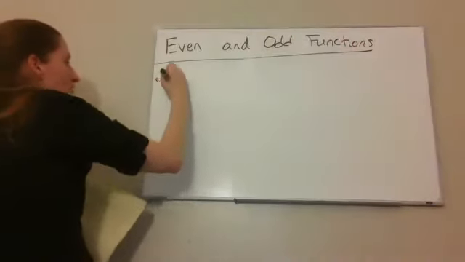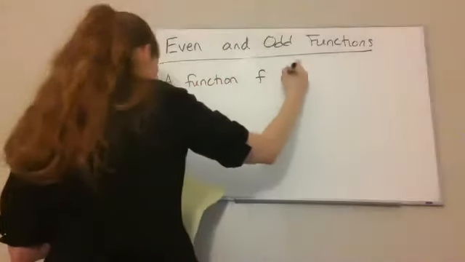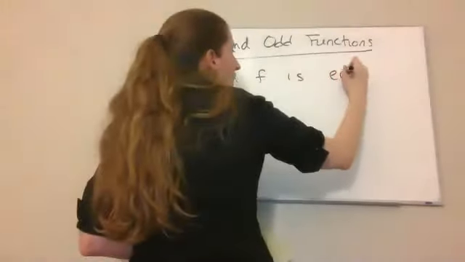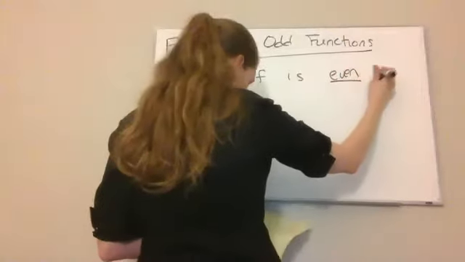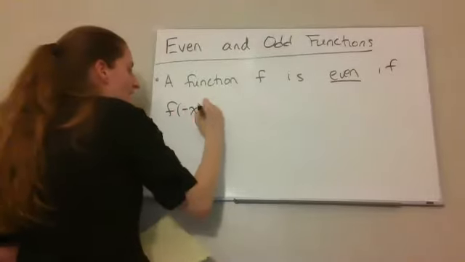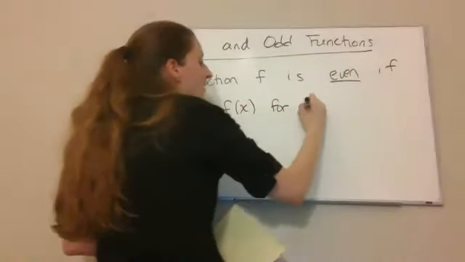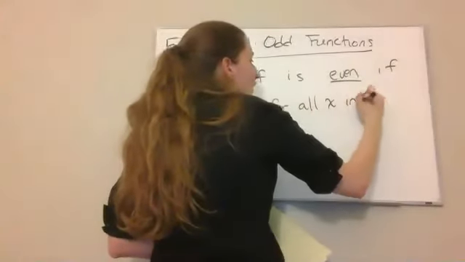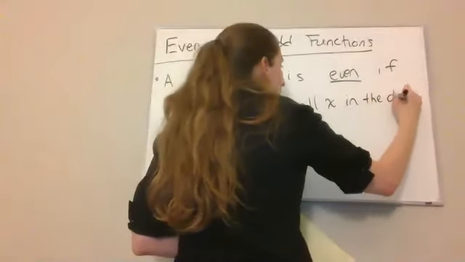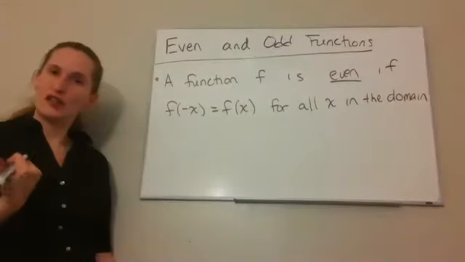So a function f is called an even function if f of negative x equals f of x for all x in the domain. Now this should look a little familiar.